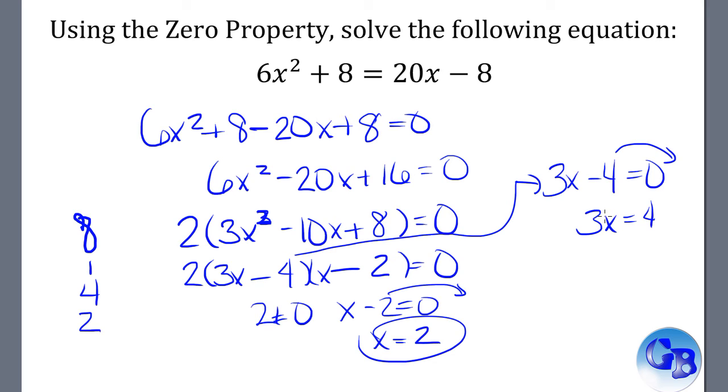Now, we know that the opposite of multiplication is division, so we can simply move that 3 underneath the 4 to get us x equals 4 over 3, and there is our second solution. And we just found all the solutions to the quadratic equation here from this equation here.